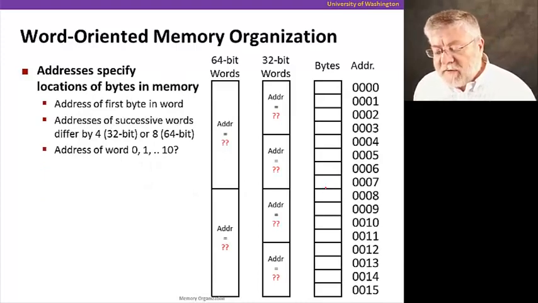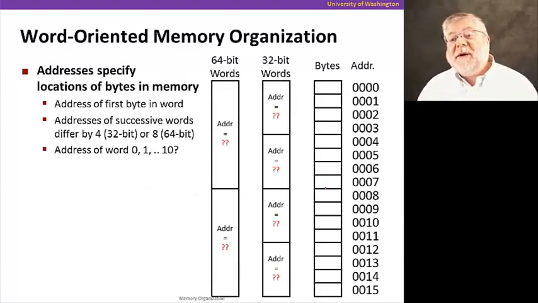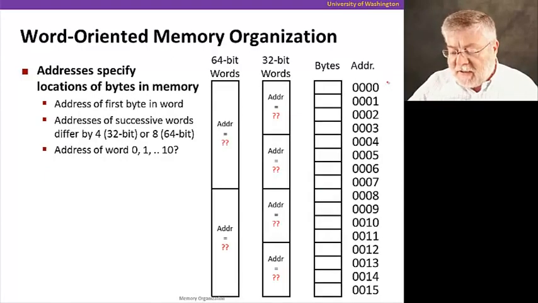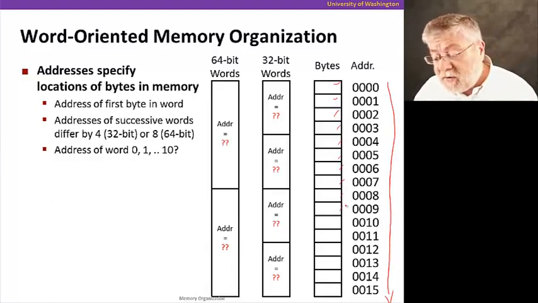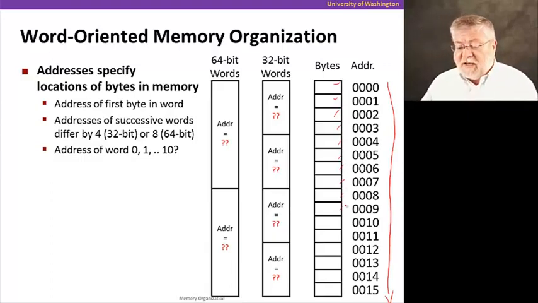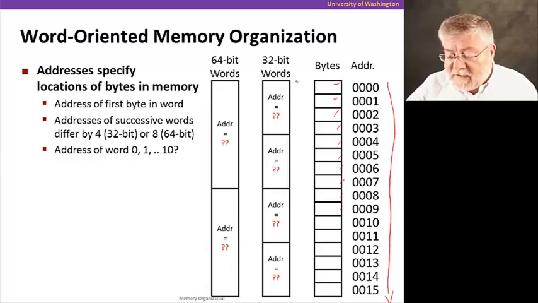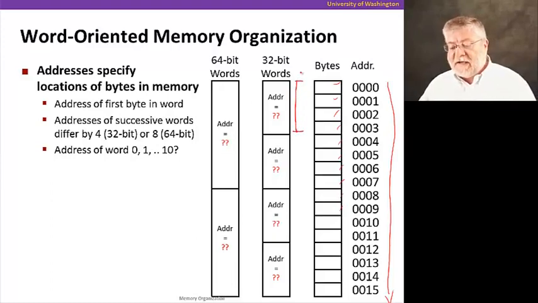All right, so how do we refer to these larger things in memory? We have mentioned bytes so far. Well, that's what we see here on the right in this slide. We have an address corresponding to each byte of the memory, each individual little cell where we can put an 8-bit quantity. But I just said that we use 32-bit words to represent numbers in many of our machines, so 4 bytes will have to be grouped together to represent a single word.